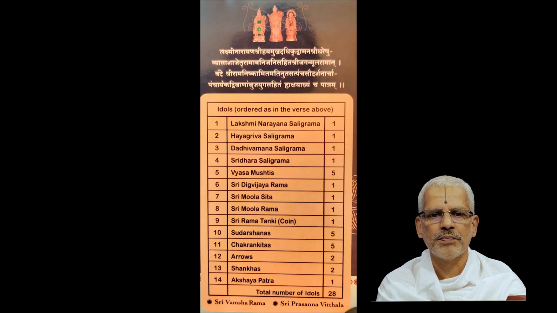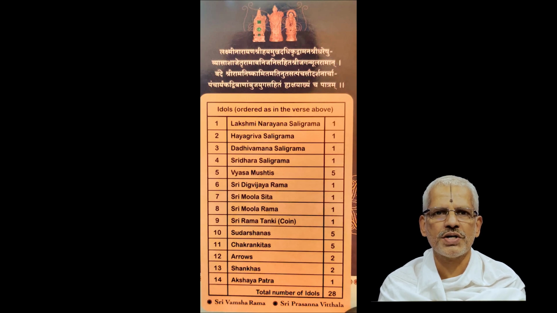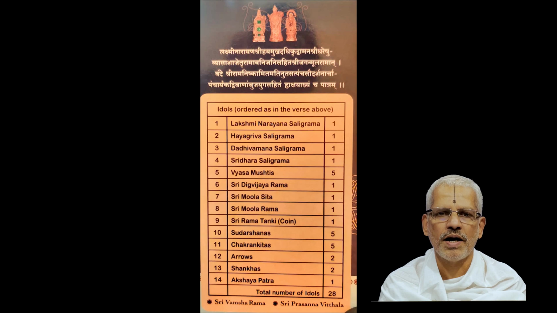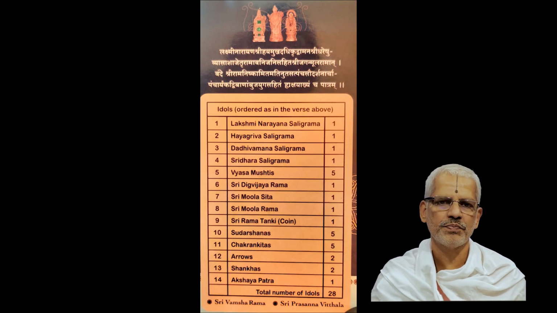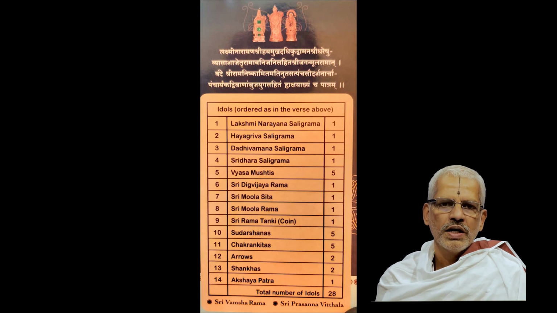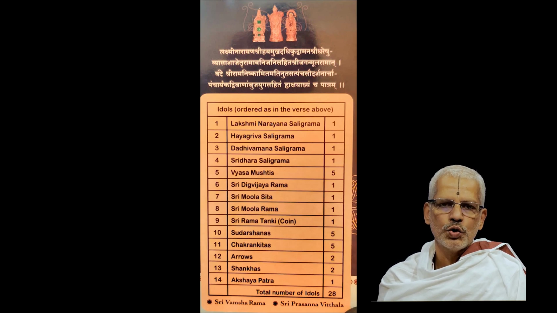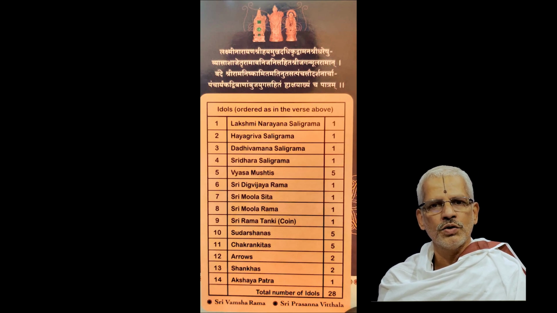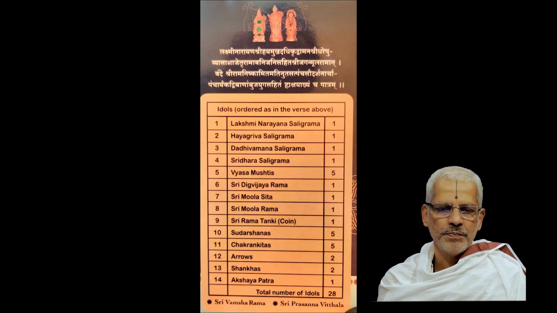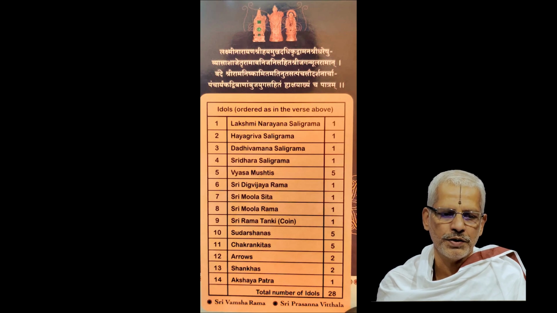Lakshminarayana Shaligrama, Hayagriva Shaligrama, Diva Mana Shaligrama, Srihari Shaligrama, Vyasamurtis 5 in number, Vijaya Rama, Mula Sita Devi, Mula Rama, Rama Tanki, Sudarshanas 5, Chakrankitas 5, Banas 2, Shanka 2, Akshaya Patra 1. If we total this, these are the 28 Moorthis that we are referring to.